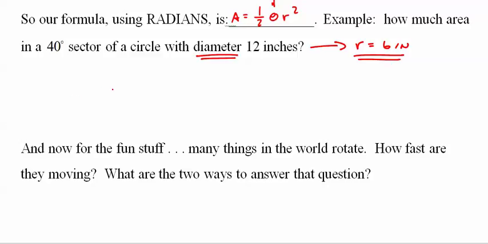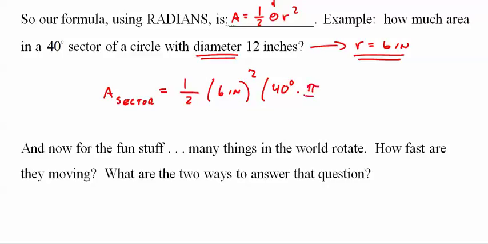So area of the sector, 1/2 r squared times radians. All right, I'm going to, again, leave pi in the answer because it's just so much easier.